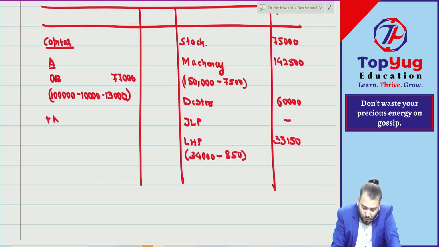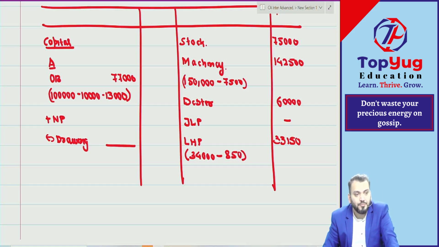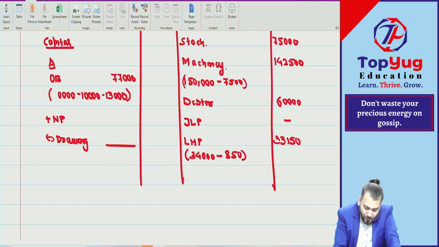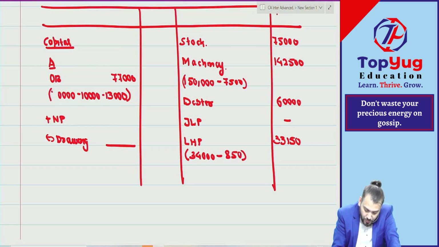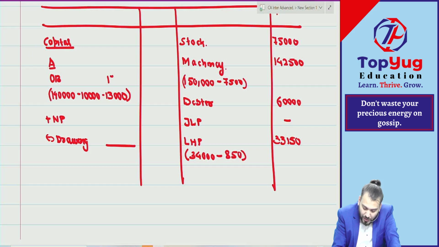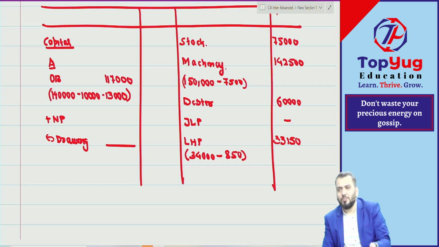Then we should add net profit for 6 months, then minus the new drawing for 6 months. Understood what I have done? Where did I take 1,40,000 from? Now it is 1,70,000. Now it becomes similar to the previous question.